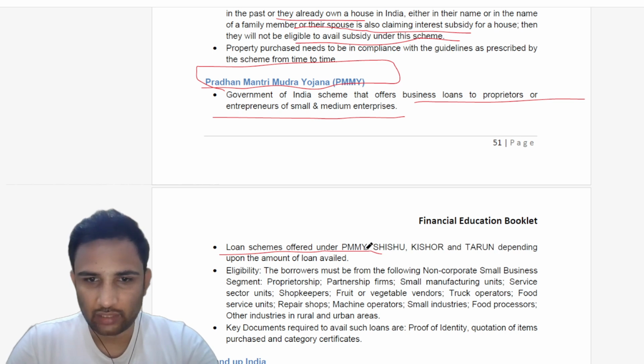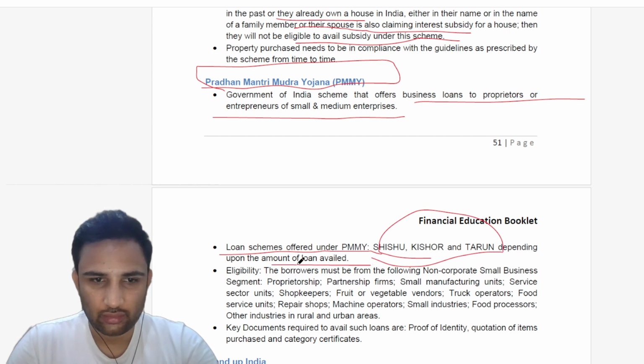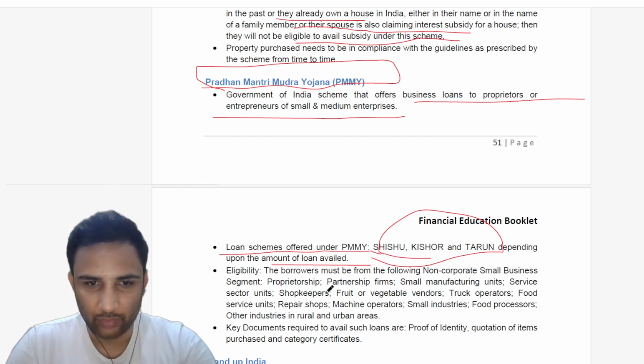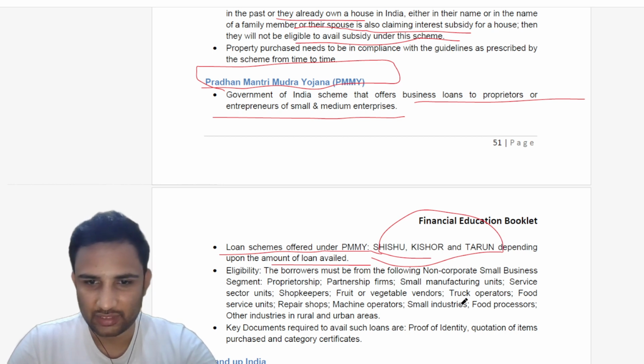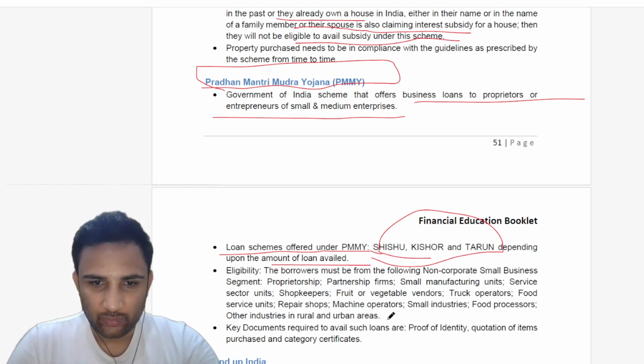Shishu, Kishore and Tarun. There are three categories here, depending on the amount of loan available. Eligibility is that the borrowers must be from the following non-corporate small business segments: proprietorship, partnership firms, small manufacturing units, service sector units, shopkeepers, fruit or vegetable vendors, truck operators, food service units, repair shops, machine operators, small industries, food processors, and other industries in rural and urban areas.